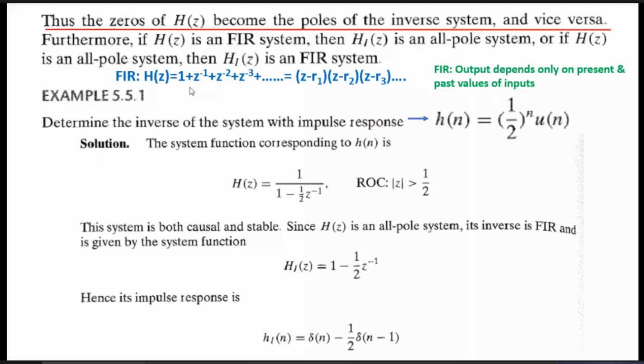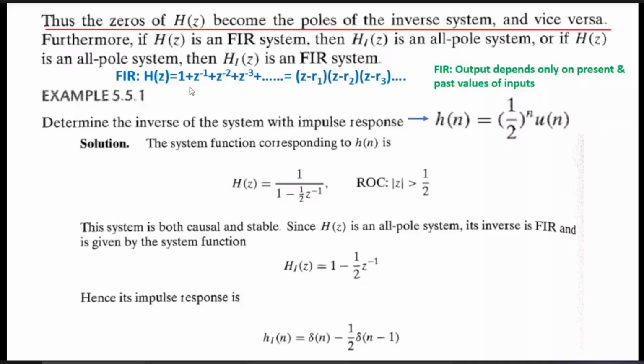Then terms like y[n minus 1], y[n minus 2], y[n minus 3] come in. So for that, Y(z) times 1 plus z inverse plus z to the power minus 2, z to the power minus 3, those types of terms will be there. So you get Y(z) by X(z) as some expression in the numerator by some expression in the denominator, and that represents an IIR system.